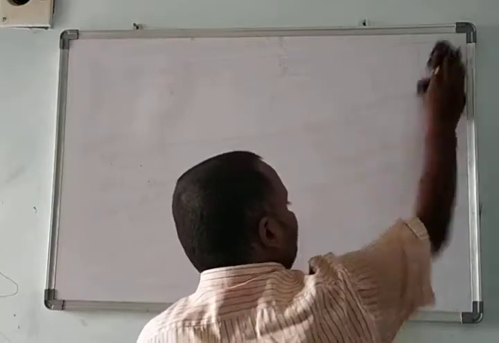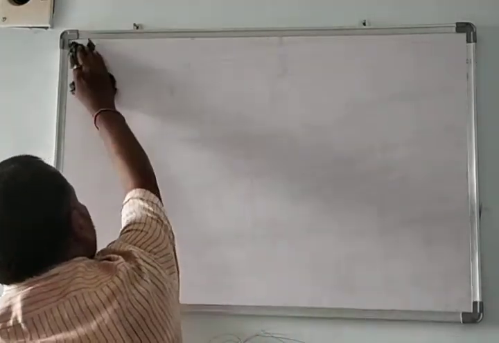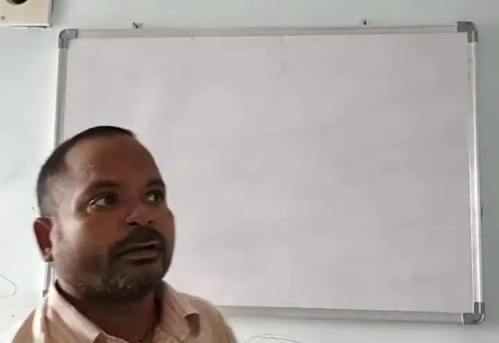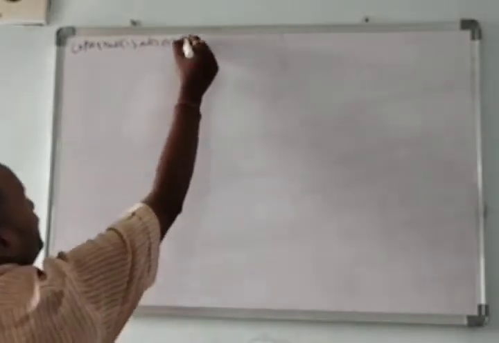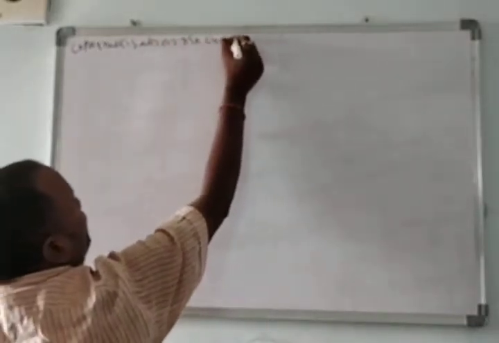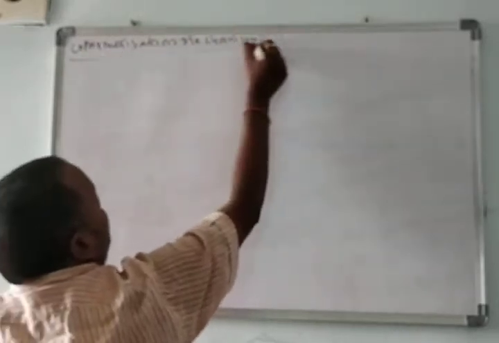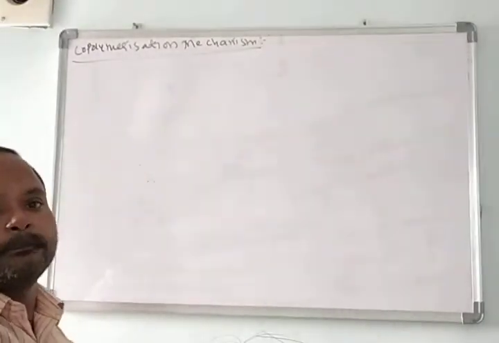Here I am taking one simple example: styrene and 1,3-butadiene. The conversion of monomer into copolymer we called as copolymerization. The pathway for the formation of the copolymer we called as copolymerization mechanism.